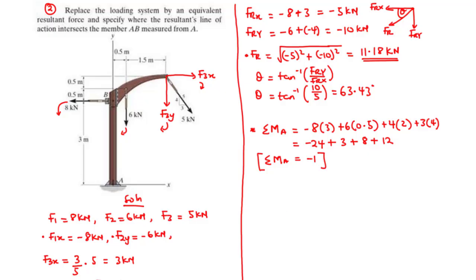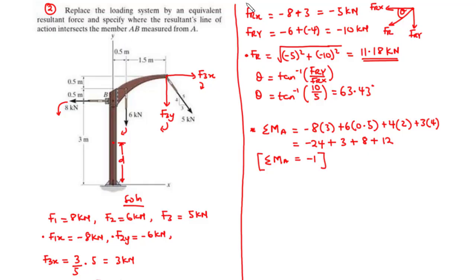Next, let's find the moment of the resultant force about point A. So for the resultant force, we are going to specify an arbitrary distance, say D, from point A. And that is where we are going to have the resultant force. And notice that we are to specify that point D away from A along the line AB.